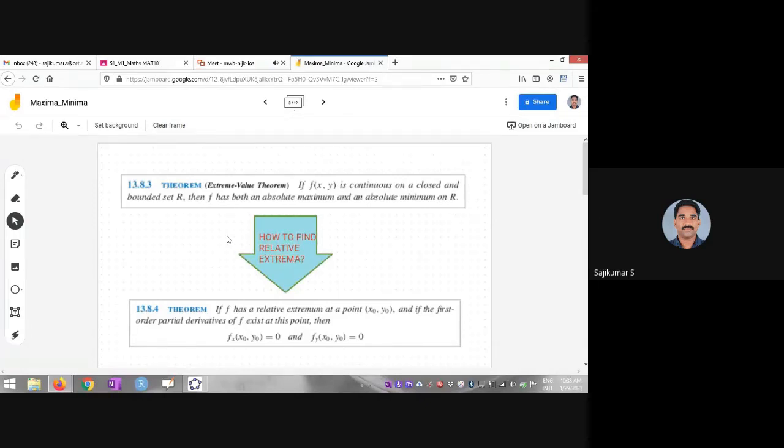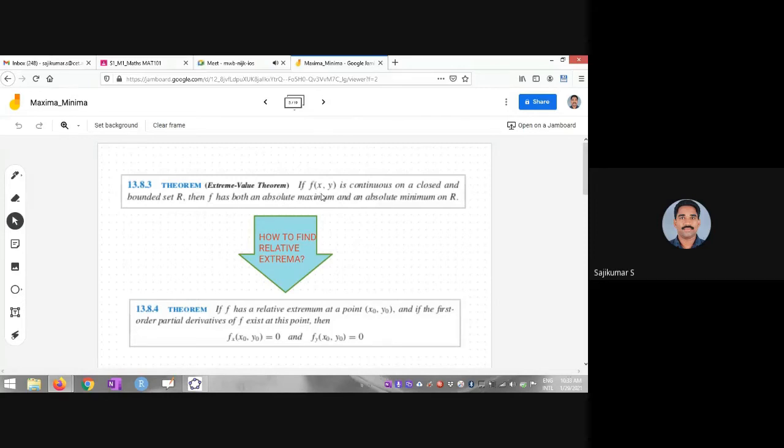If you are defining a function on such a closed and bounded set, that means the boundary points are included, then we can expect an absolute maxima and absolute minima provided the function is continuous. Clear? So that is the main point. That is the main theorem we depend on for the existence of an absolute maxima and absolute minima, not for local maxima and local minima.